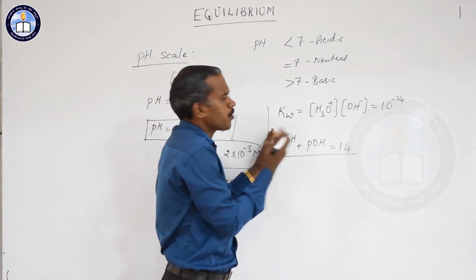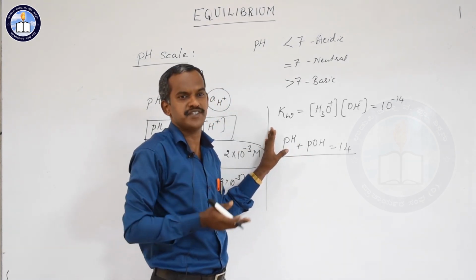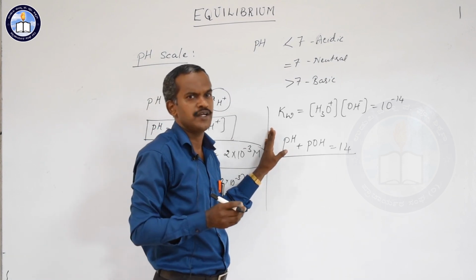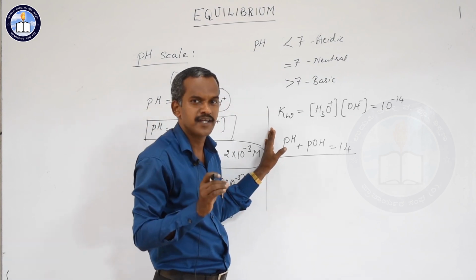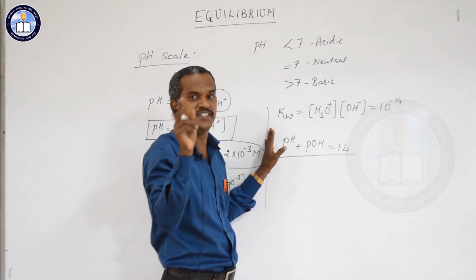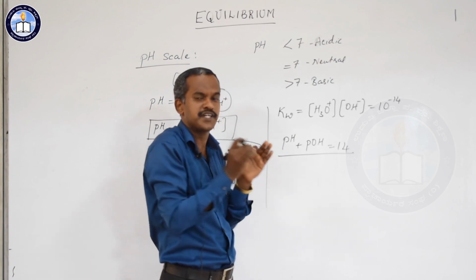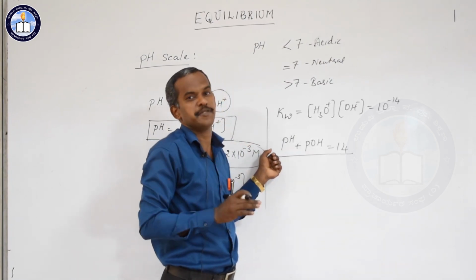Okay, so now the question will ask, suppose a solution is given, what is the pH of the solution? Whether it is acidic, basic or neutral, how to decide? Okay, so you heard in the lower classes about the litmus paper. Litmus paper changes color for acidic and basic comparison. So that is a very old and classical method of determining whether a solution is acidic or basic, but today we are using pH papers.